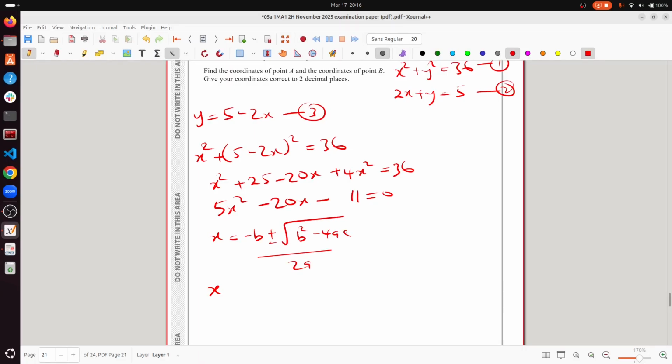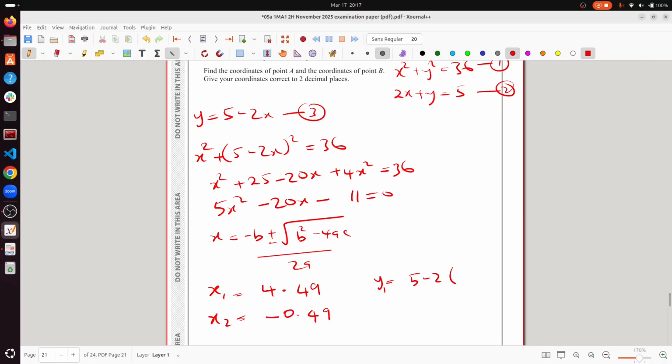So for x1, the first value we're going to get, I'm going to put it into my calculator. The first value is 4.49 approximately. And the second value for my x is minus 0.49. Now we have that y from equation 3. The y is equal to 5 minus 2 lots of that.